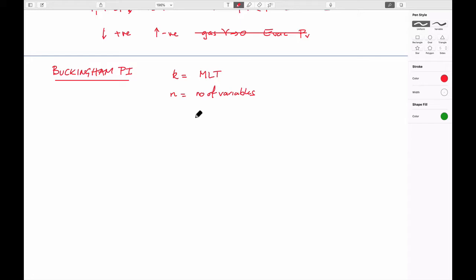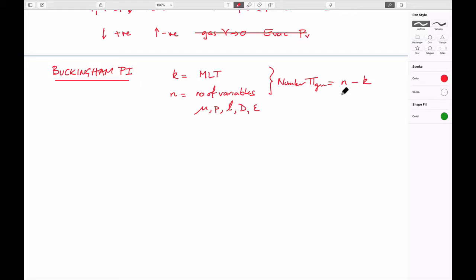So for pipe flow, it would be viscosity, pressure, length, diameter, roughness, etc. And so we know that from these two relationships, the number of pi groups is equal to n minus k.